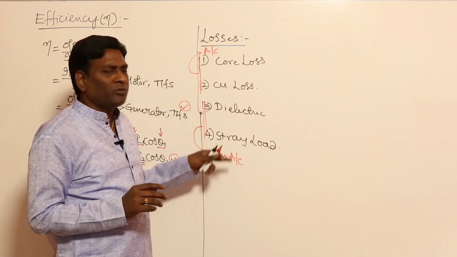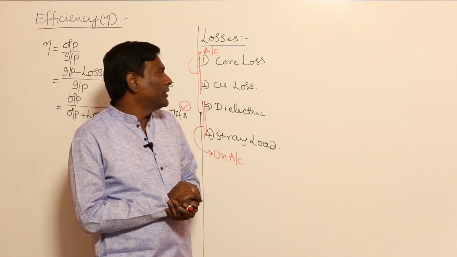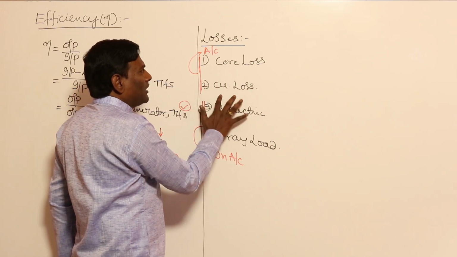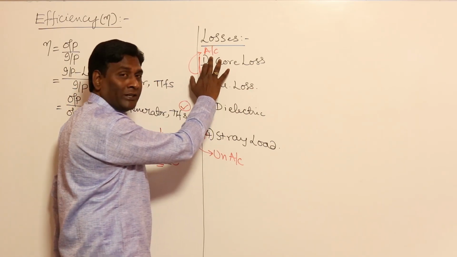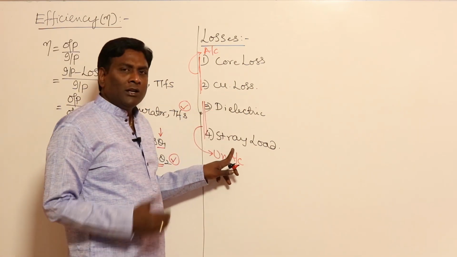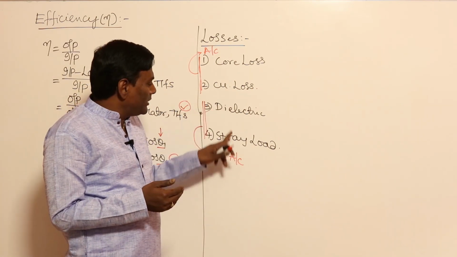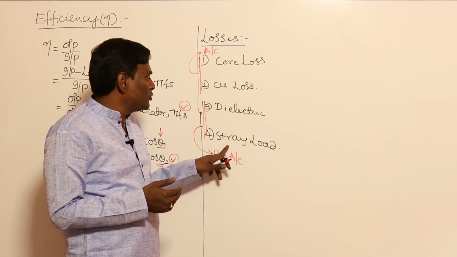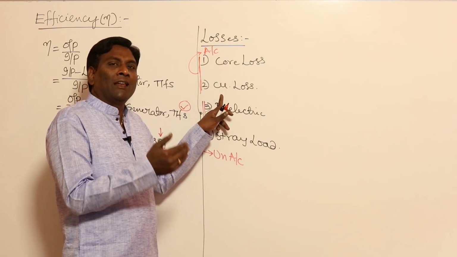About dielectric and stray load in detail we will see later. As of now, our target is problems. Now core losses and copper losses we are going to calculate, and we are going to keep them in this equation. In practice, without considering dielectric loss and stray load loss, we consider only these two and calculate efficiency.